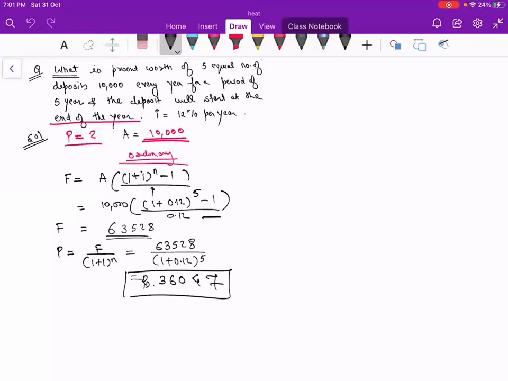So I think your question is, if I deposit 36047, sorry, 0.47 rupees. Is it point, or have I written it wrong? What is the answer? 36,000. No point, sorry.